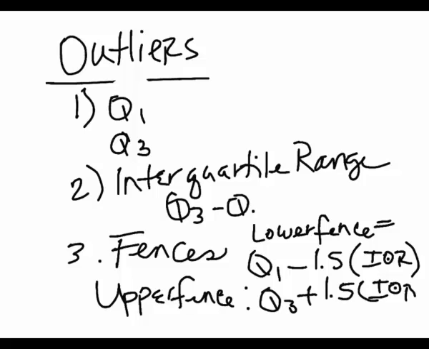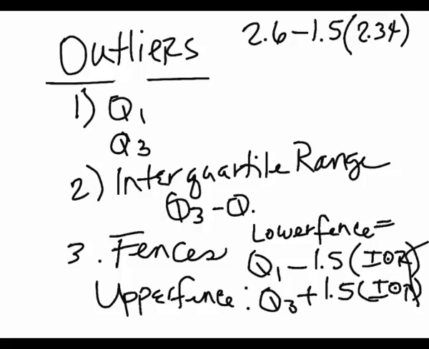Taking our data that we just had, let's find the lower fence. The lower fence would be your Q1, which was 2.6, minus 1.5 times the interquartile range, which we got was 2.34. And I get negative 0.91 as my lower fence.